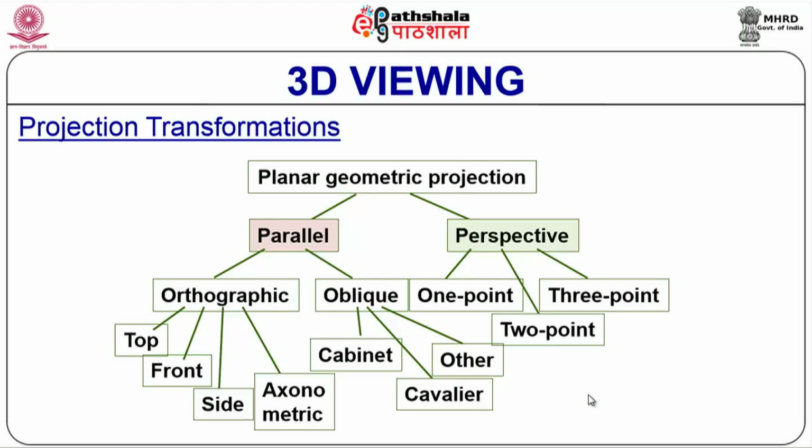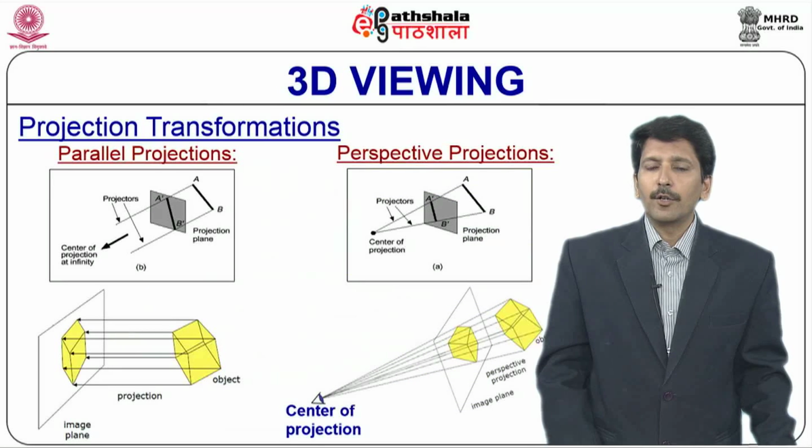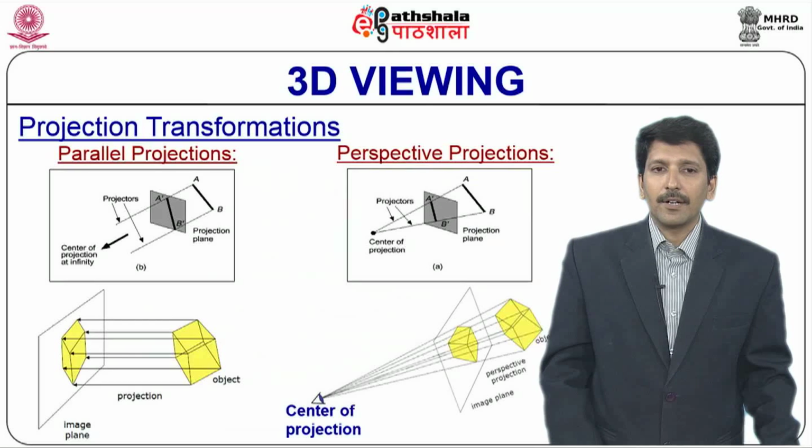Perspective projection transformations are of three types, which are 1 point, 2 point and 3 point perspective projections. Let us first understand these projections, and we will then go further into how we derive matrices for these transformations.